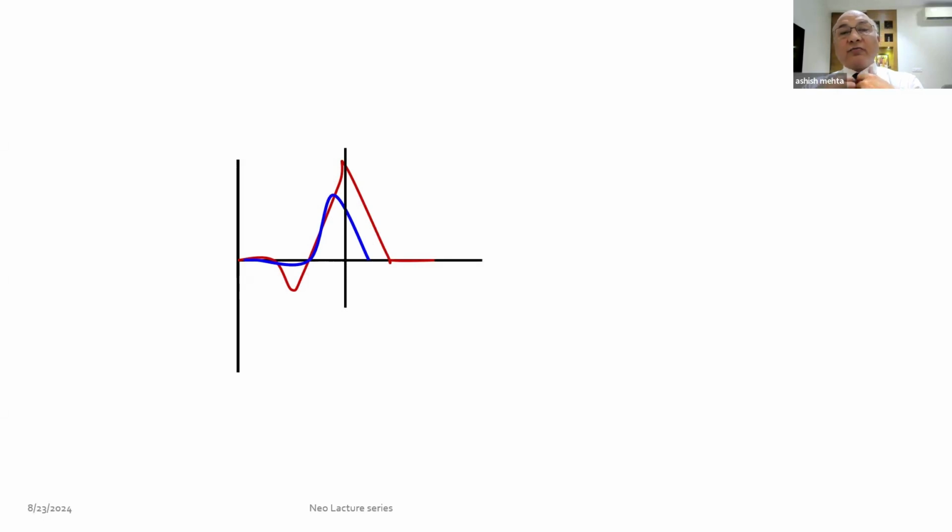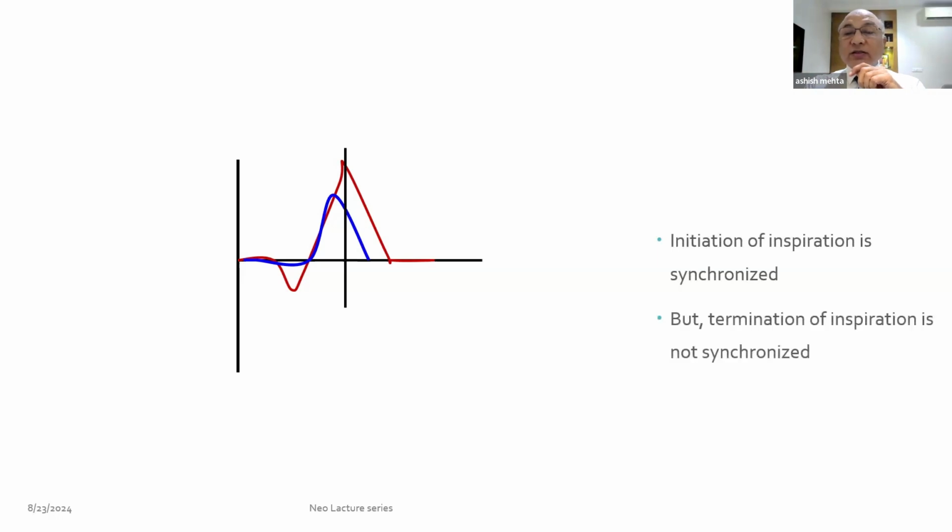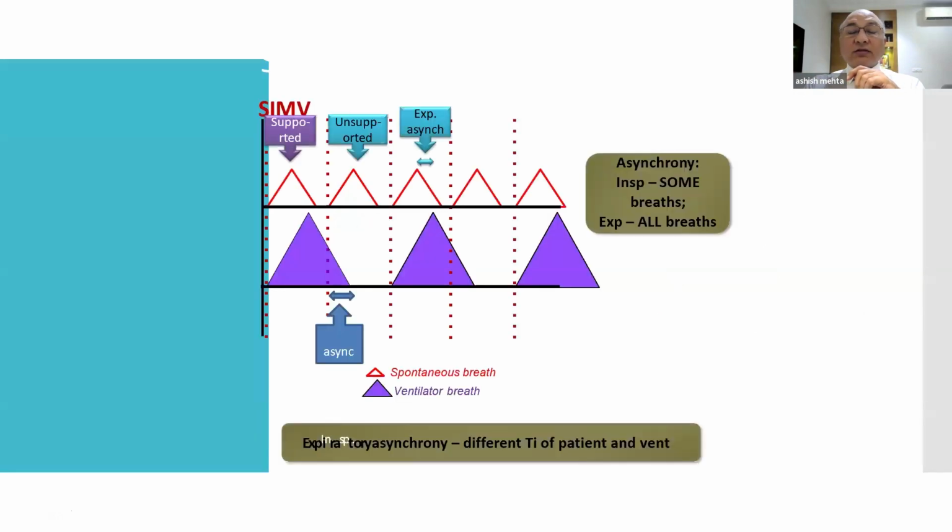So I want to breathe out, the machine is still pushing gas into my lung, and I want to exhale. That is where the asynchrony will take place. So with SIMV or assist control, initiation of inspiration is synchronized, but termination of inspiration is not synchronized.